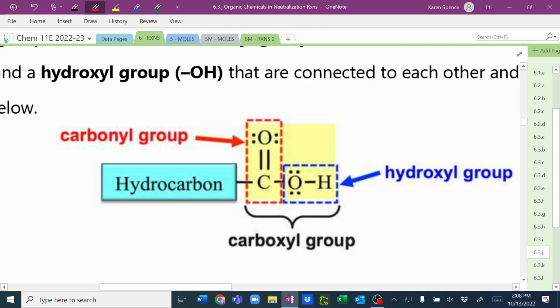We call this entire structure where we have a carbon double bonded to an oxygen with a single bond to another oxygen and then an H, that entire thing is called a carboxyl group. That is the functional group.